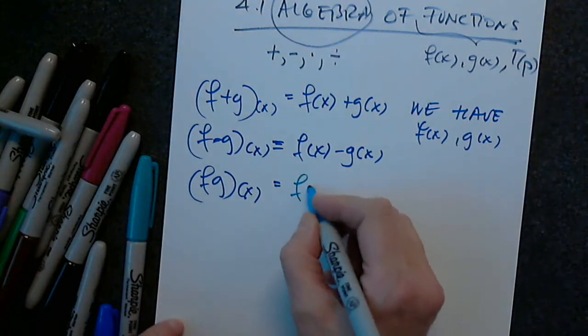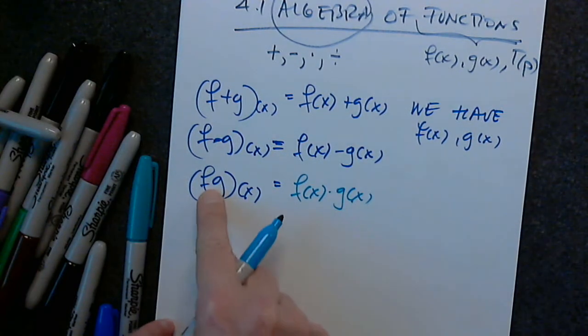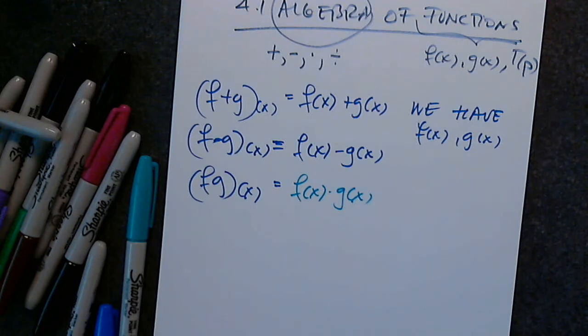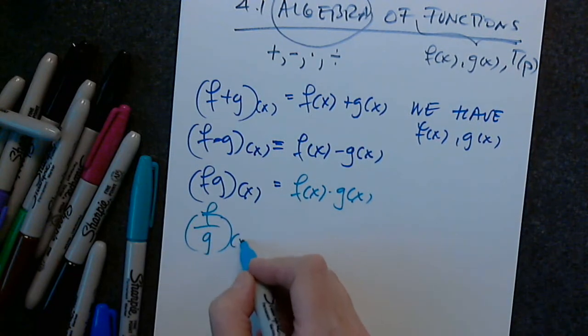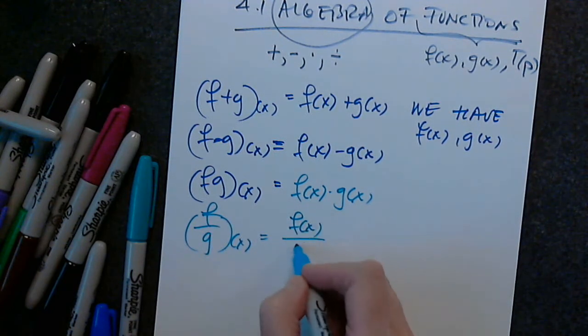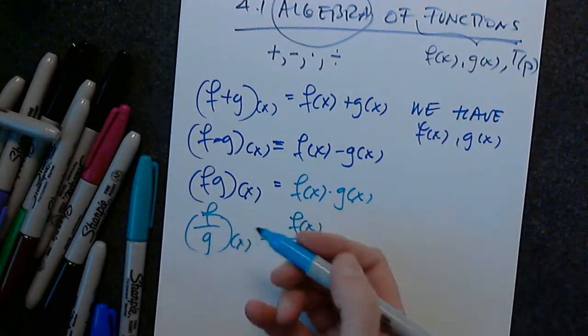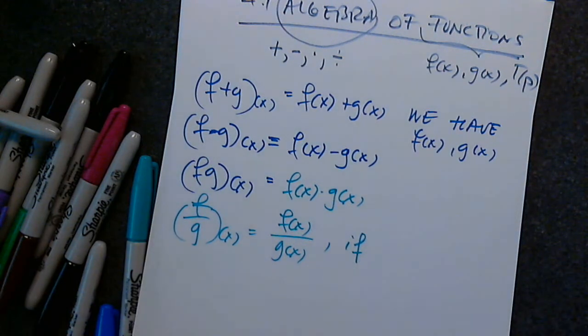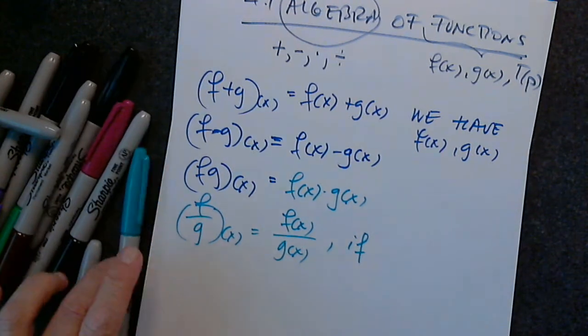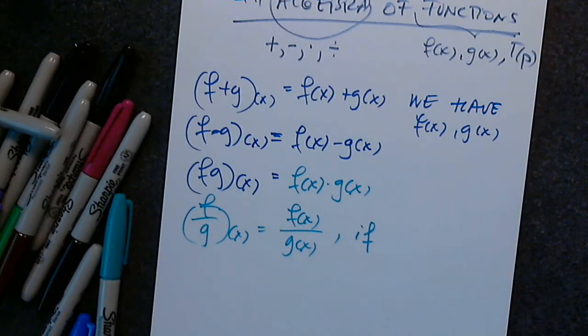It's the operation that it says: f times g. Fg, if there is no operation symbol between f and g, it must be multiplication. Last one, f over g, by definition, is f of x over g of x. Of course, that's what it says. That's the definition. But this time, I have to write an if. I didn't write if for the sum, difference, and product, but I have to write if for the ratio.